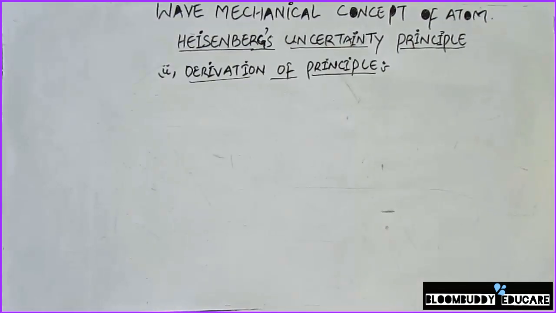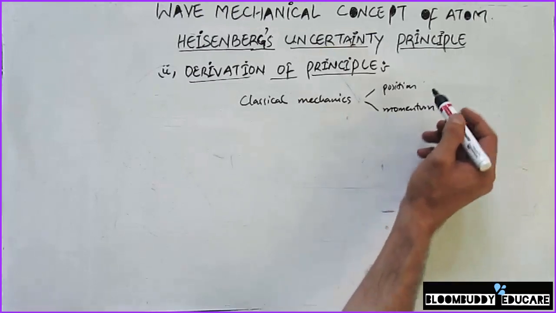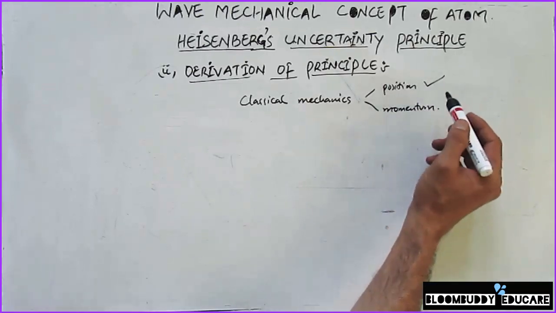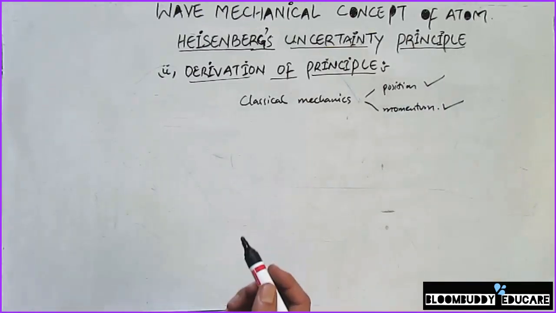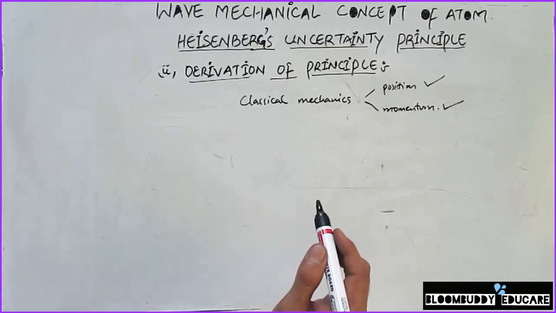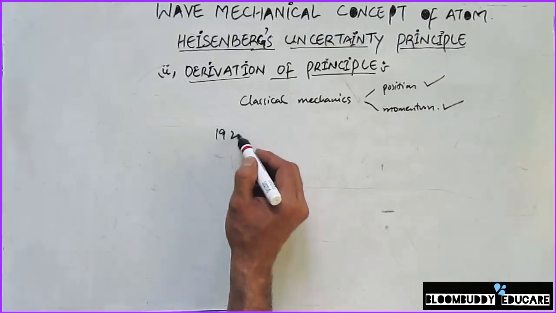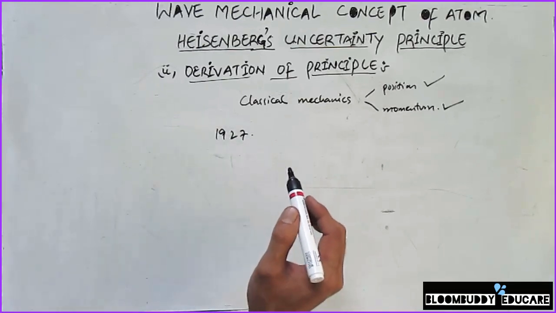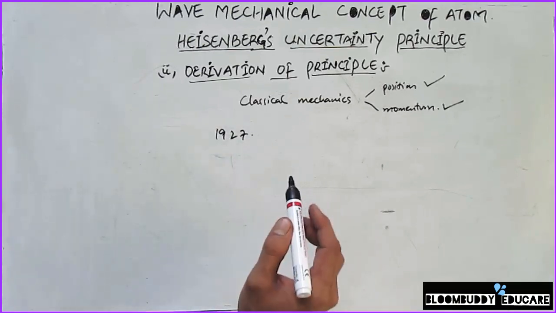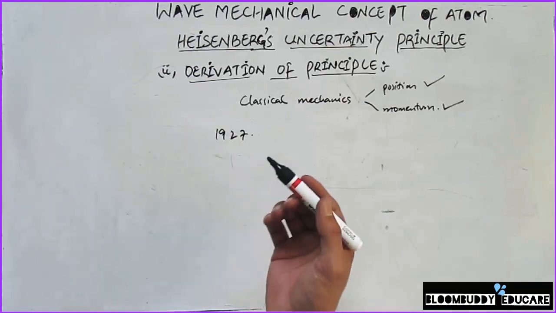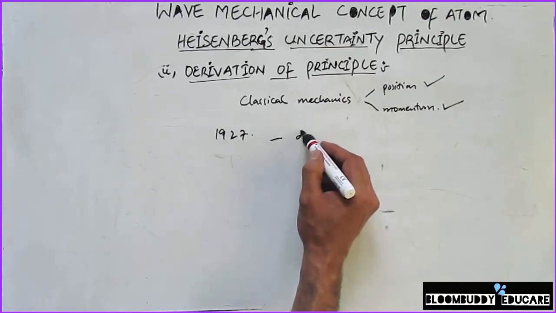Moving to the derivation of Heisenberg's uncertainty principle, classical mechanics says that we can know both the position as well as the momentum of a particle at one point of time. However, Werner Heisenberg, a German physicist, in 1927 put forward the uncertainty principle, which is a consequence of the dual behavior of matter, put forward by de Broglie.